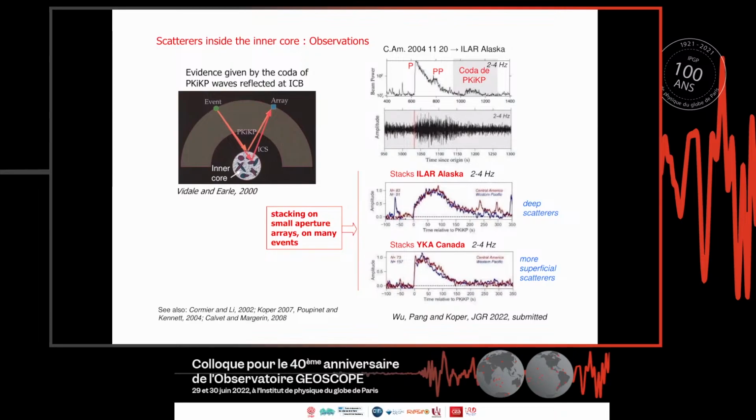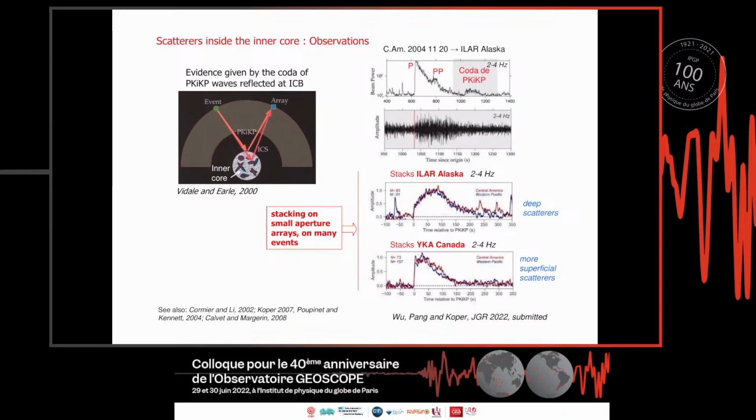But nevertheless, you see a coda which is here. And this coda corresponds to waves which are scattered inside the inner core just after this arrival of PKiKP.